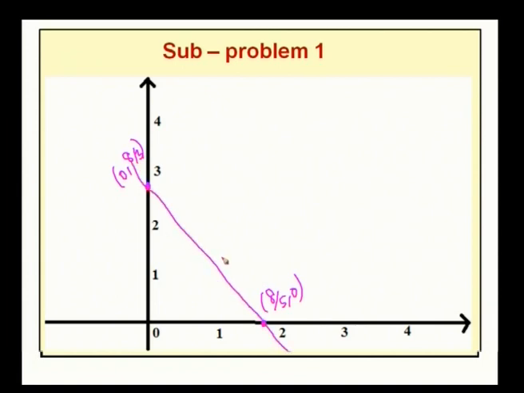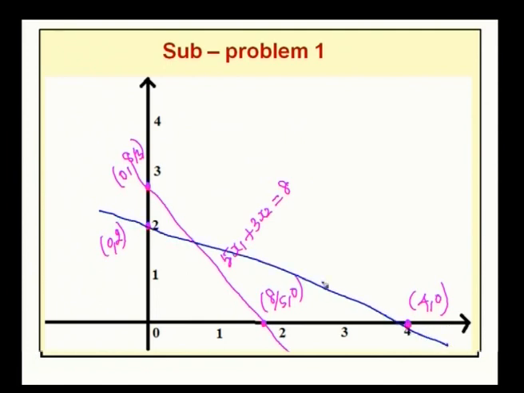Now the next curve is x1 plus 2x2 equal to 4. This line is obtained by joining the points 4 comma 0 and 0 comma 2. So this is our line x1 plus 2x2 equal to 4.